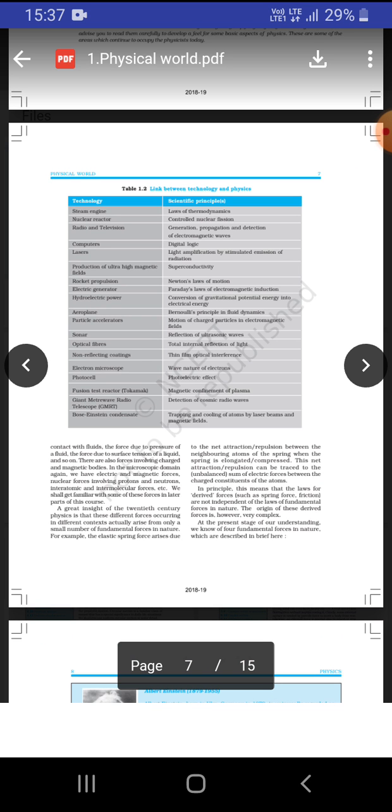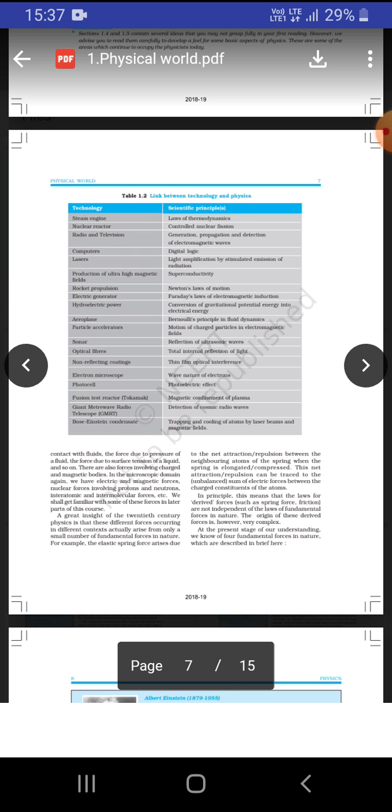And also a great insight came in the 20th century. More scientists were there and they found new things in physics.